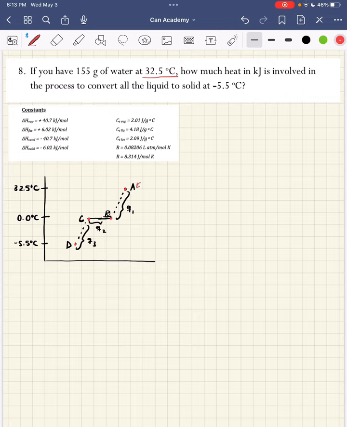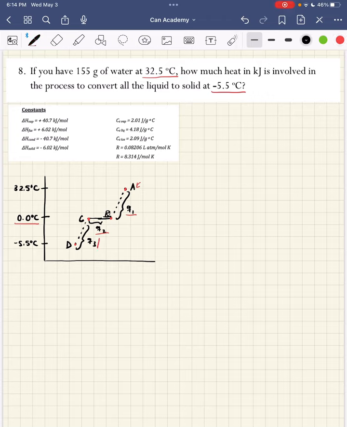The second temperature is the freezing point of water, which is 0.0 degrees Celsius. That's point B, and then that's going to fuse into a solid, which is point C. Then finally, it's going to be further cooled to negative 5.5 degrees Celsius, which is point D on the chart. Each individual segment I've labeled Q1, Q2, and Q3.